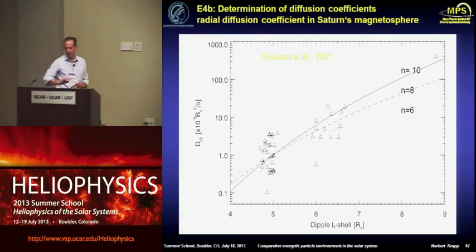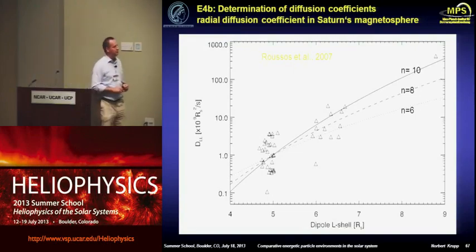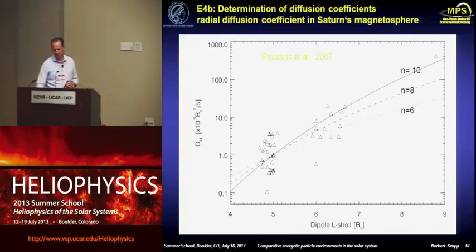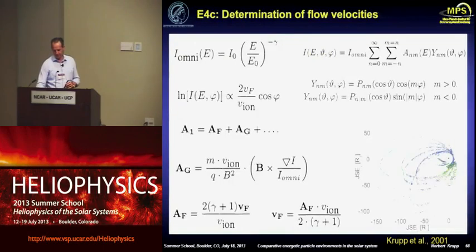You can determine the diffusion coefficients in the magnetosphere of Saturn, and you are not able to do this without energetic particle measurements there if you do not have an extra instrument to measure this.